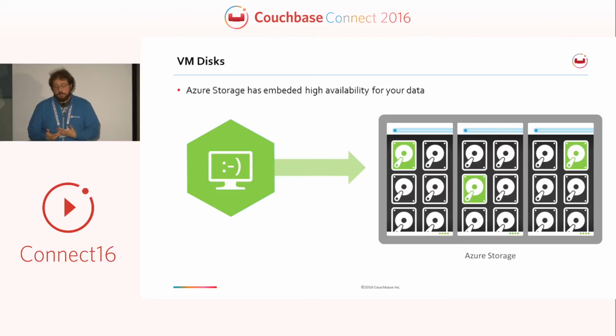And also with the storage, you don't need to worry about data replication on the VM level. So for example, you don't need to create a mirror, a RAID 1, to replicate data from one disk to the other, because the storage does that for you. So every time you save content on the Azure storage, the storage will replicate that content 3 times.